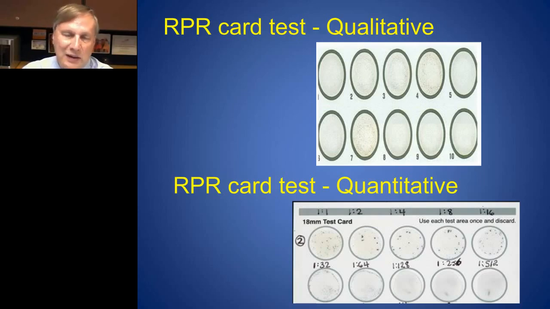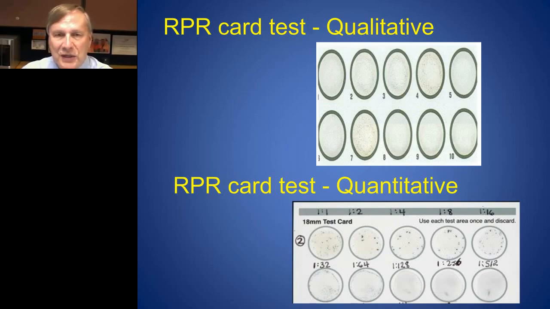We'll add our antigen, the charcoal with the beef heart extract, because basically what we're looking for is anti-cardiolipin antibodies. The RPR test does not measure specific antibodies to the treponeme. The treponemal assays measure specific antibodies. The RPR test does not. So that's one of the issues with the specificity problems.